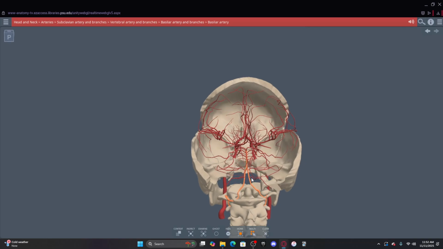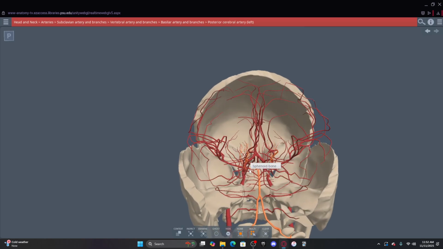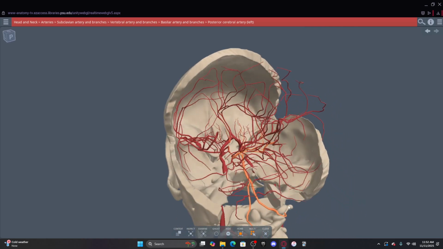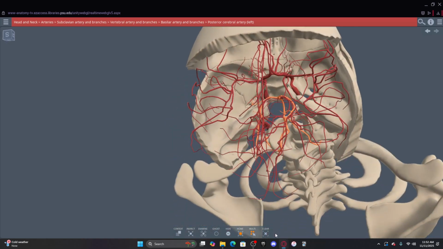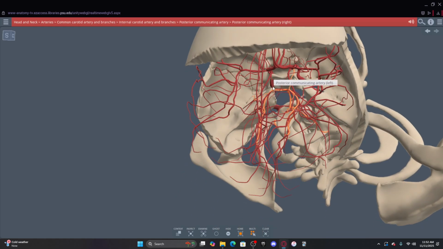And then from our basilar we form our posterior cerebral arteries, right and left, and from our posterior cerebral arteries you form the posterior communicating, which is right here, posterior communicating artery.